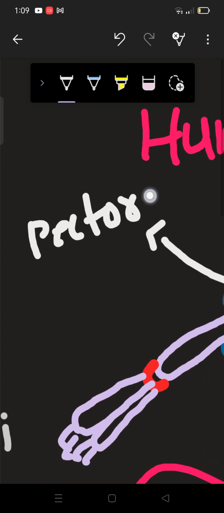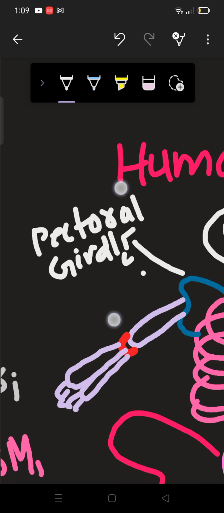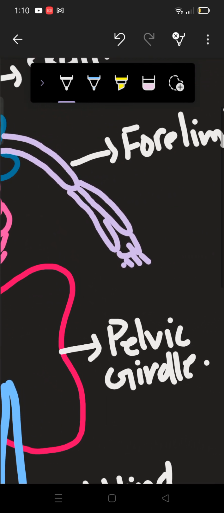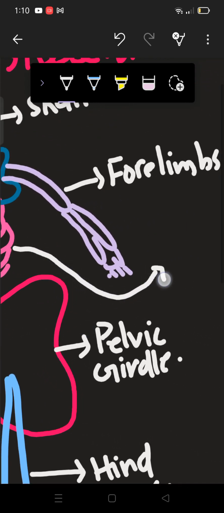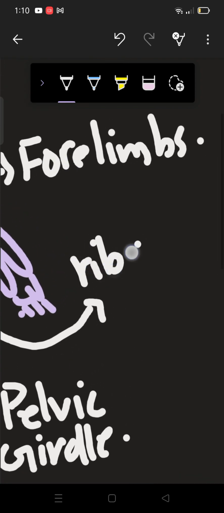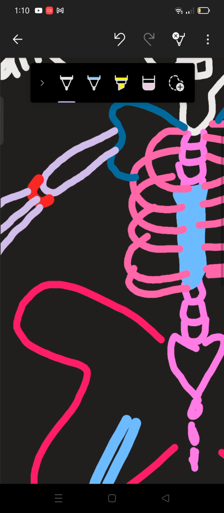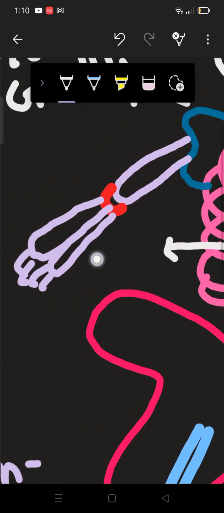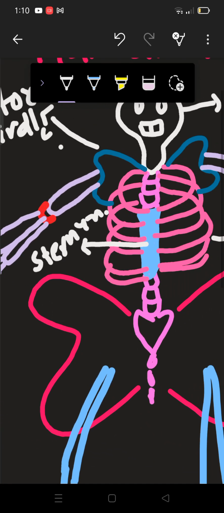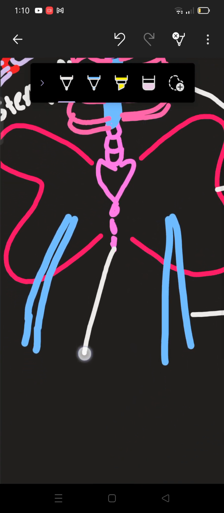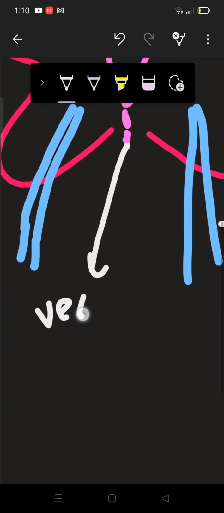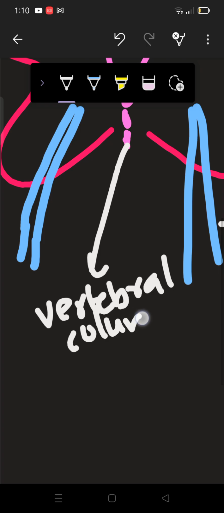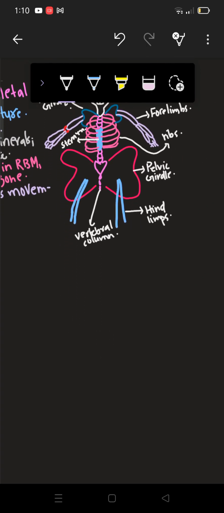These are the ribs. Here we have one structure which is the sternum. Here we have our vertebral column. All right, here I have made one structure.